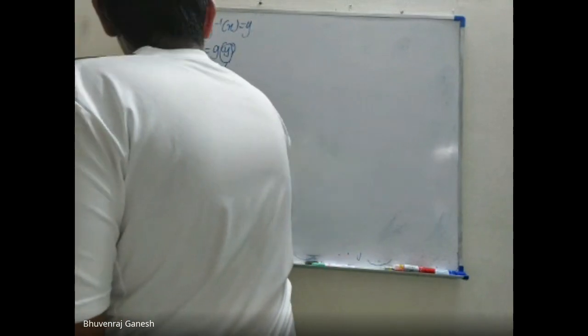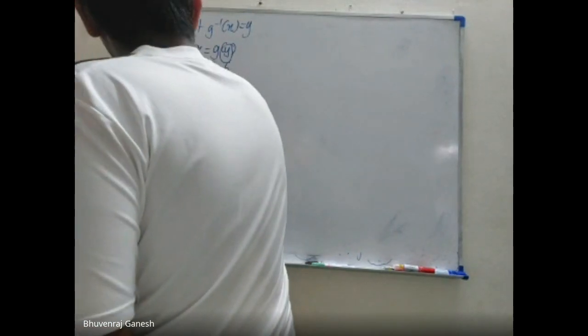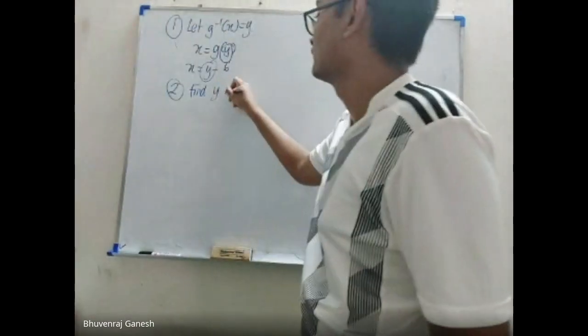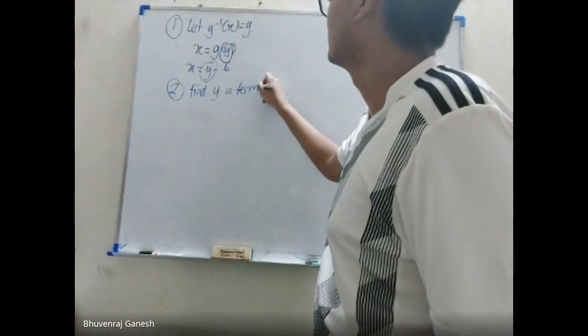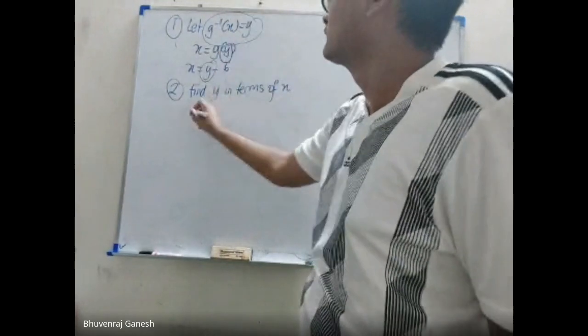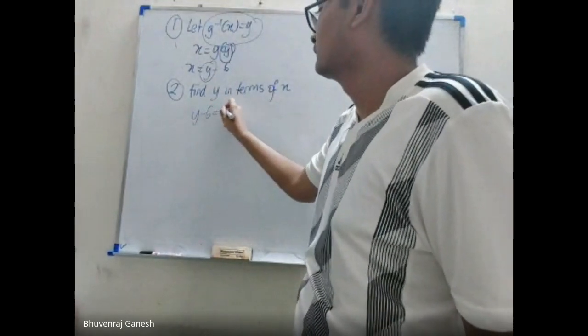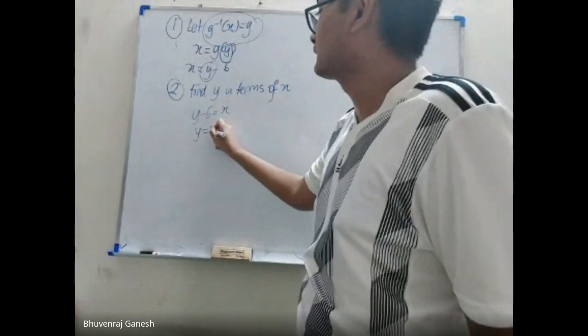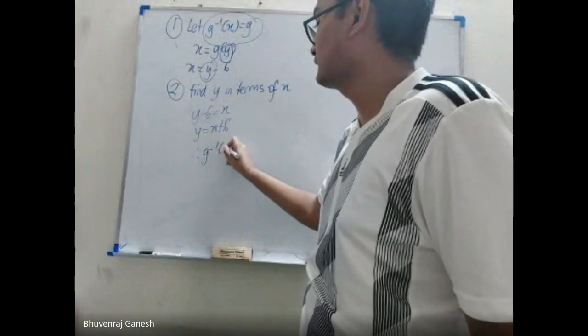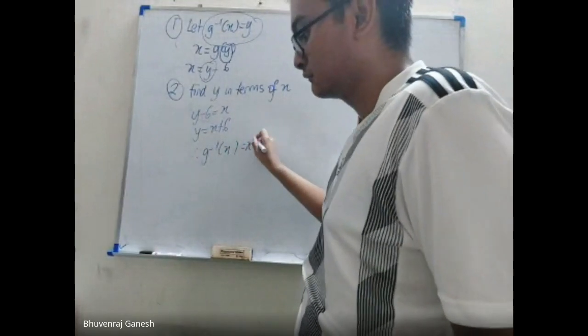Then the second step is we want to find y in terms of x to satisfy this condition on top here. So you shift, you will get y is x plus 6. So you can conclude that g inverse x is x plus 6.